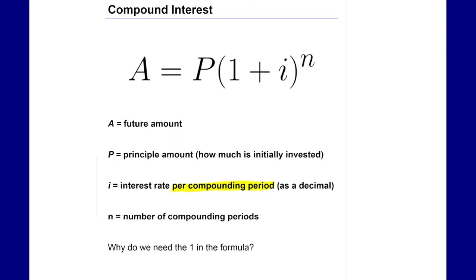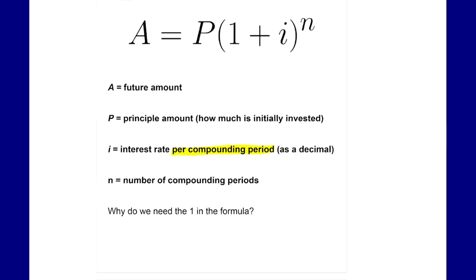The meanings are basically connected to finance or financial terms. Why do we need that 1 as well? So why do we have that 1 plus i? Why don't we just have a b value? When you think about what interest is, it's an amount that's added on to however much you start with.